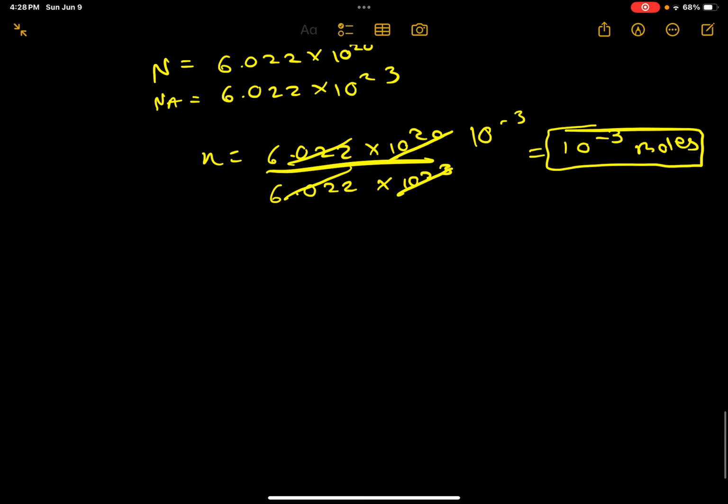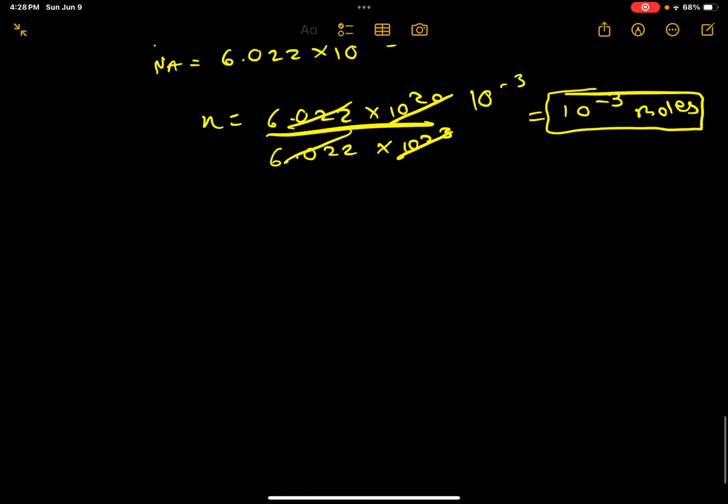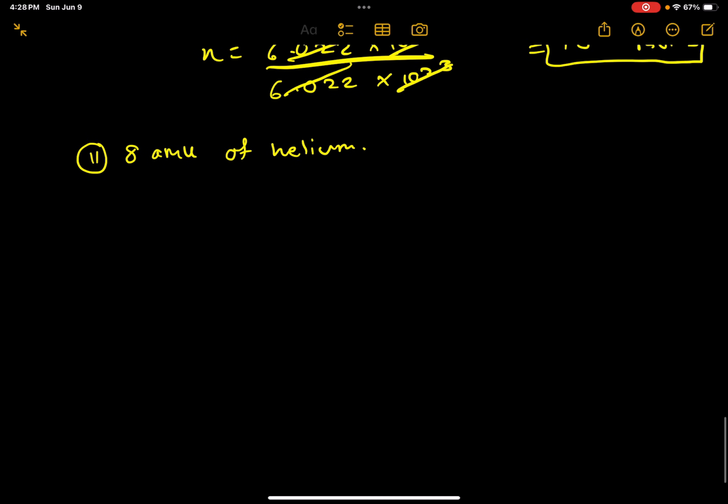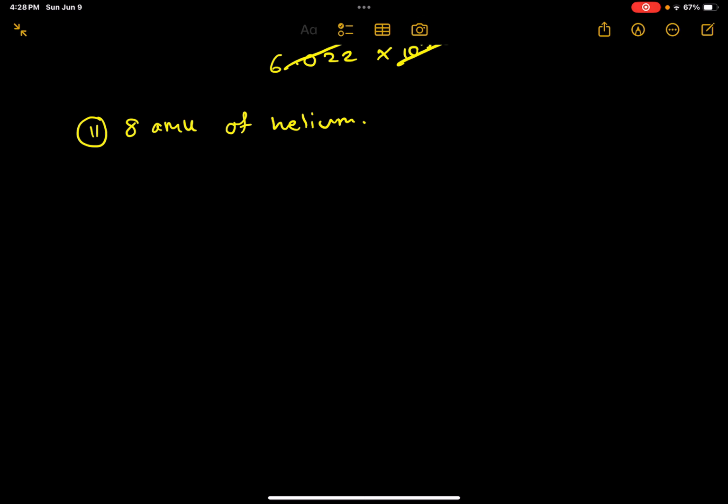Now we have 8 AMU of helium. So 8 atomic mass units of helium. So that means that the weight is equal to 8 AMU.